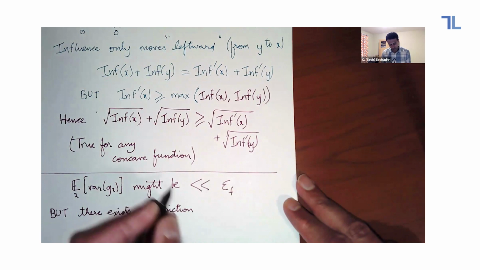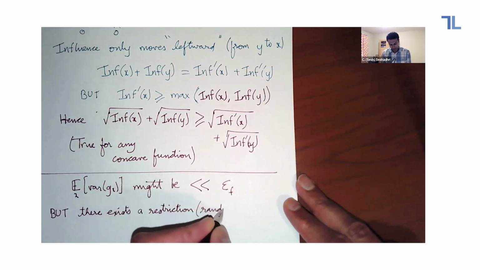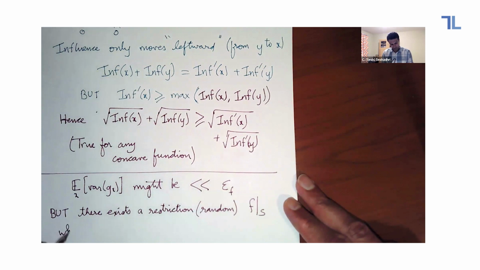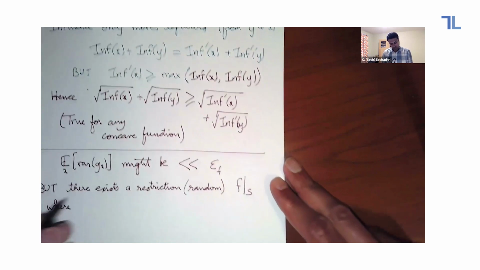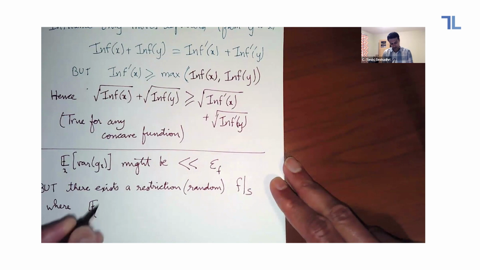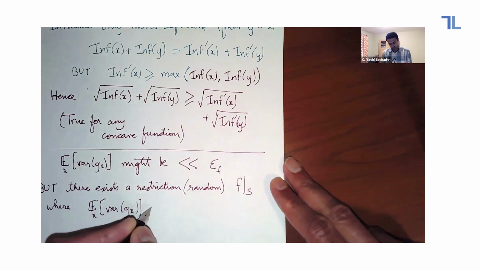So actually it's a random restriction where the expectation of the variance of gx is at least omega epsilon f.